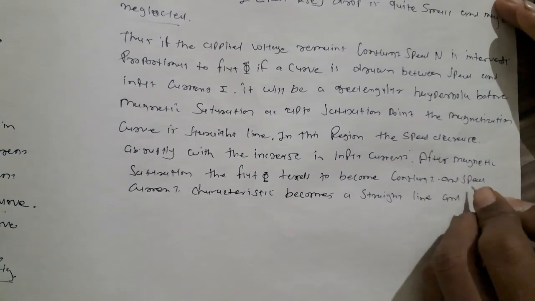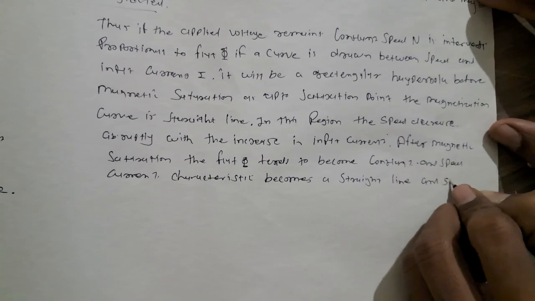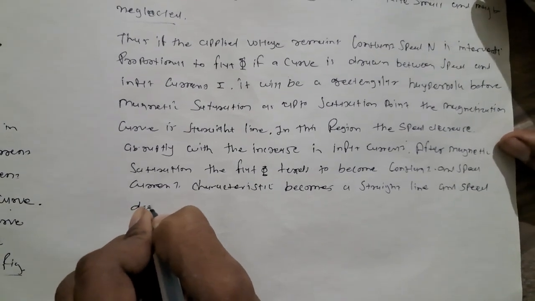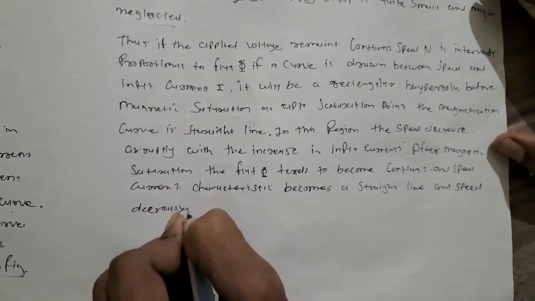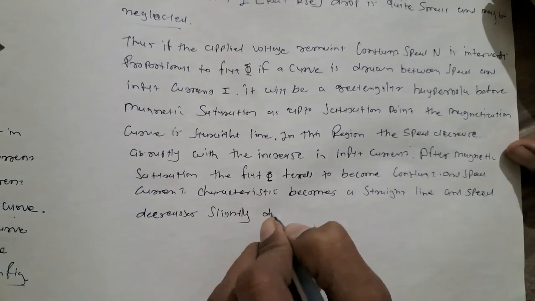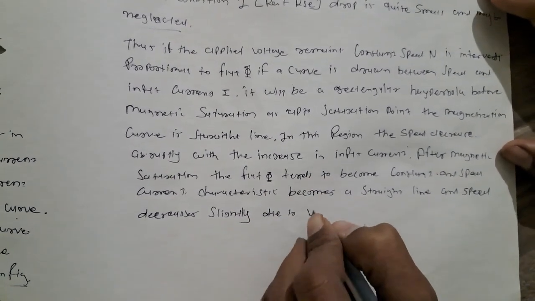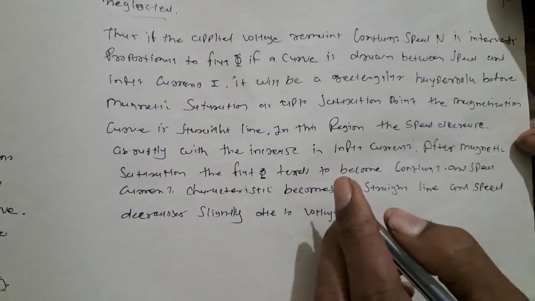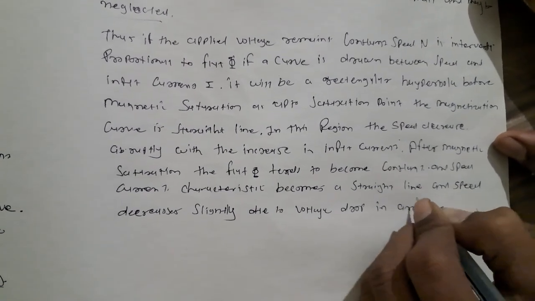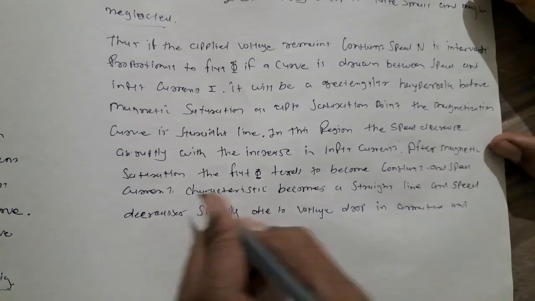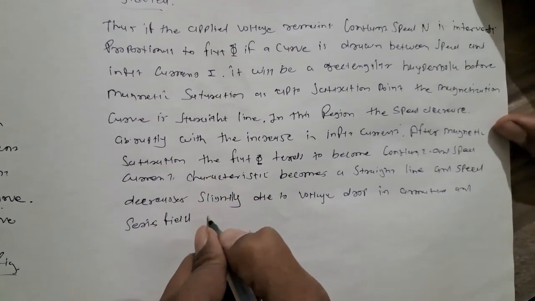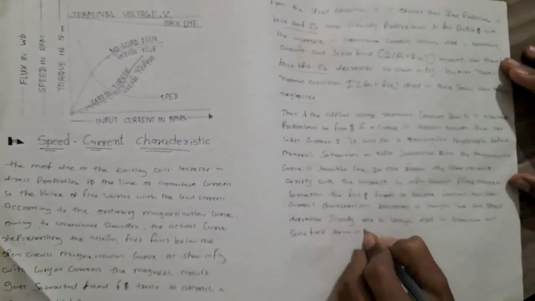The speed decreases slightly due to the voltage drop in the armature and series field, as shown in the figure.